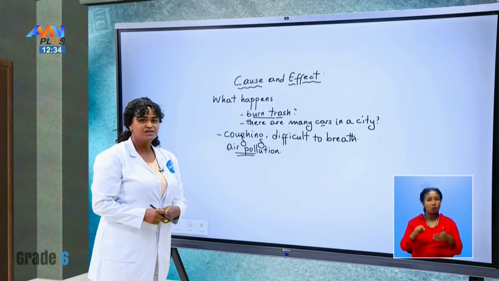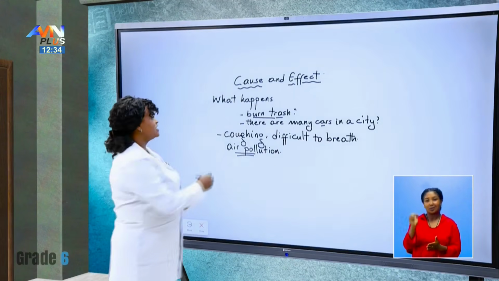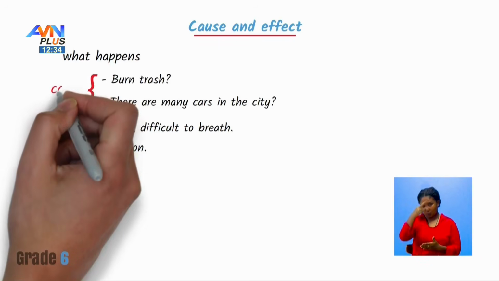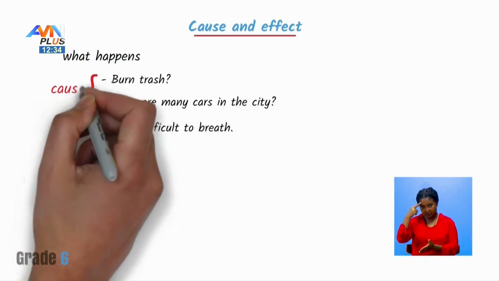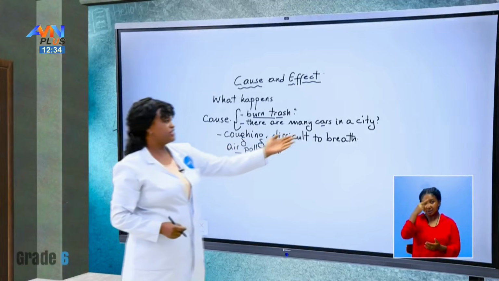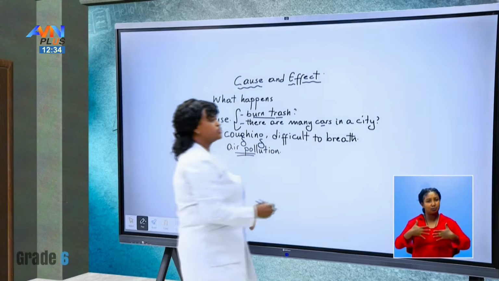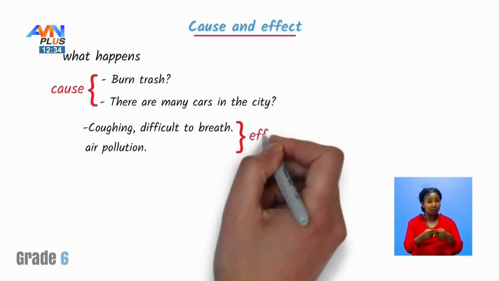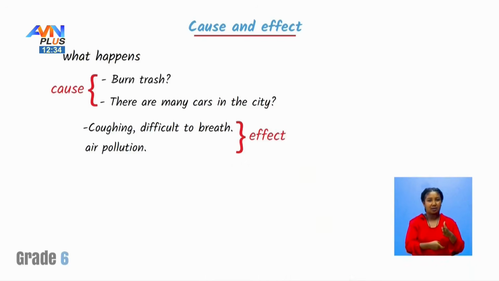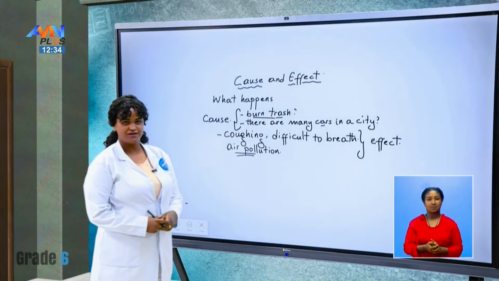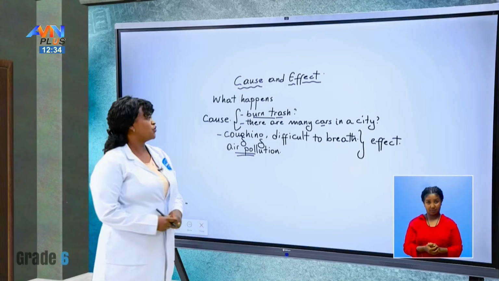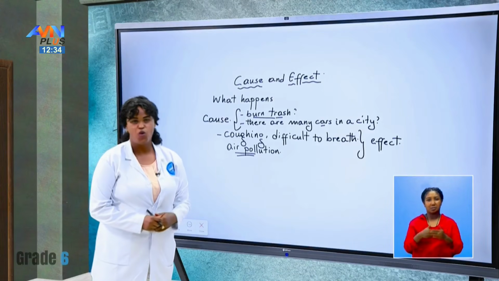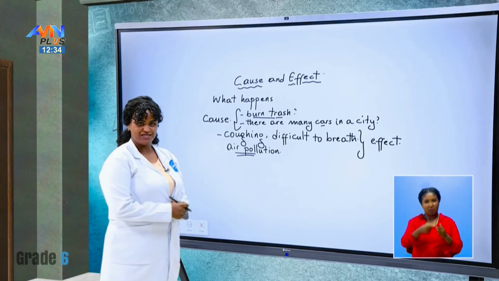So what are these? Yes, these are the cause. The cause. And the coughing, the difficulty to breathe, and the air pollution, what do we call it? We call it effect. Yeah? So, if we see this one, we can simply define what cause and what effect is, right?